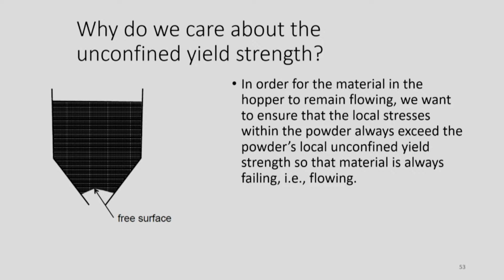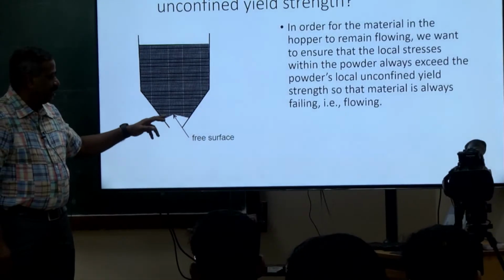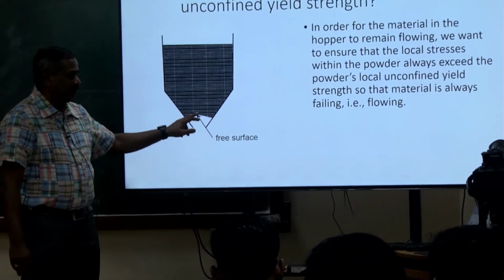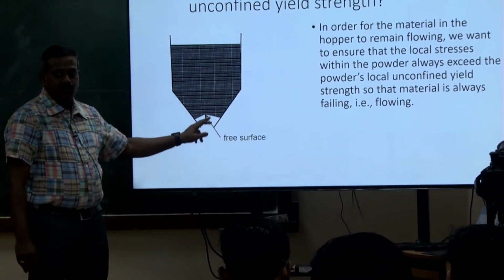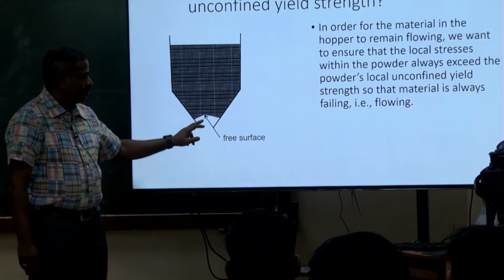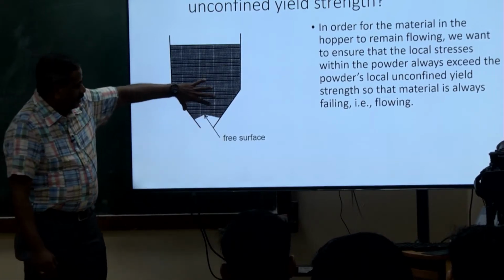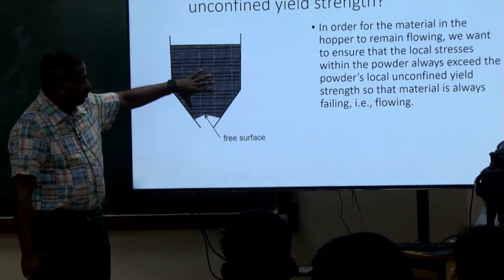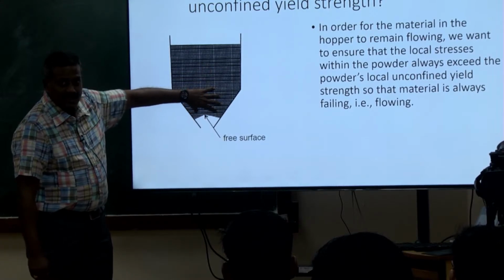So why do we care about unconfined yield strength? When we open the bin hopper, the powder has to break free from this bottom layer and flow from the bottom. But due to the hopper dimension and hopper characteristics, there will be some strength in the powder here.